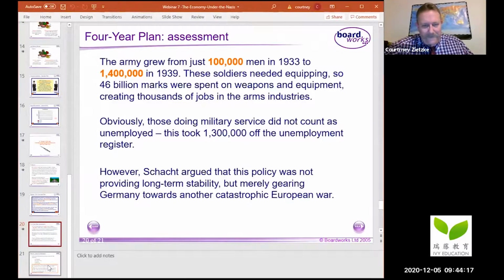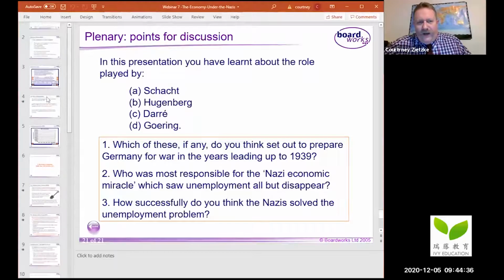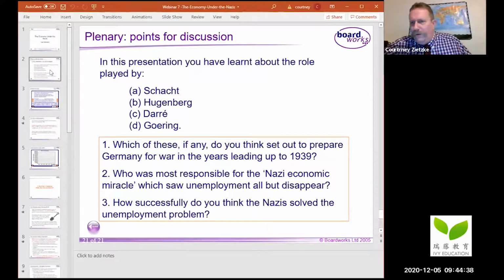Okay. Last slide, and then I'm going to go into a little bit of a discussion. The plenary points for discussion. In this presentation, you've learned about the role played by, okay, I'm not going to give you this little test, but what's important to understand, class, is that when the German economy was in its full outright production mode, we had 6 million more people that were employed.